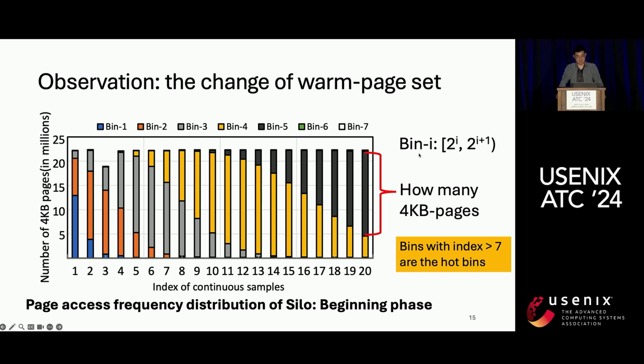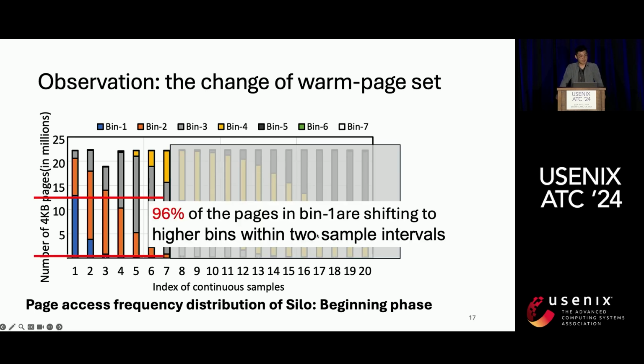The index of each bin represents a specific access frequency, and the height of each bar represents the number of pages in a specific bin. We got continuous 20 samples of the bins to study the trend. We only choose the former 7 bins since these bins are not hot bins.